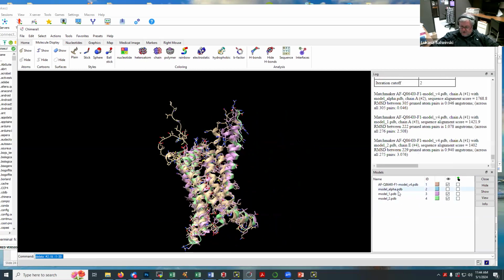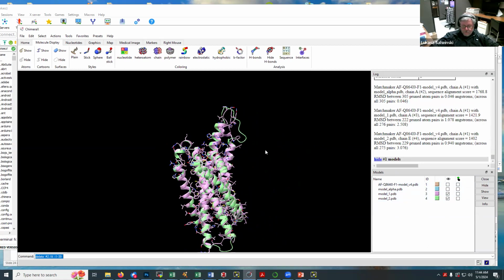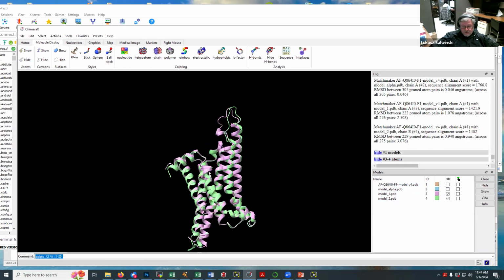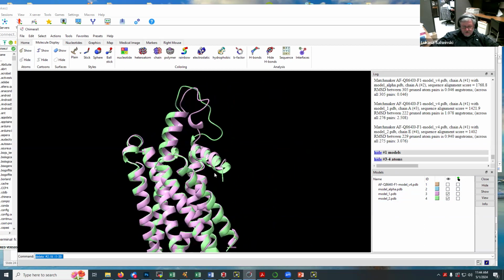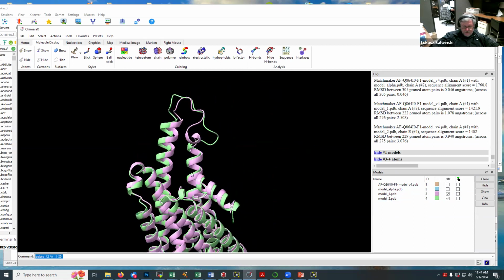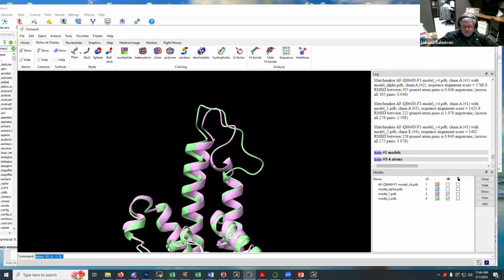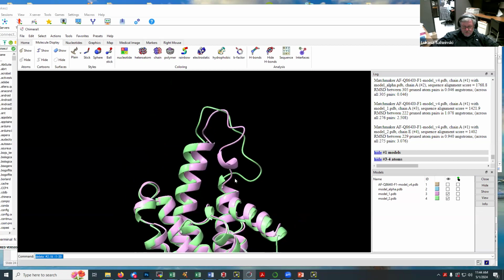let's look just at two different homology models. Let's turn off the alpha for the green one, and let's turn off the side chains for a moment. So here you see the difference in the modeling of the loop.